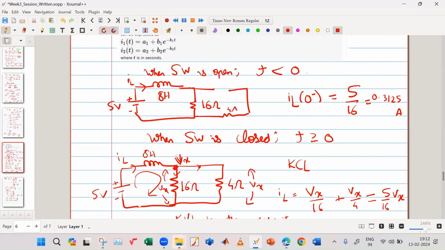For the circuit after the switch is closed, what is the inductor current in steady state?